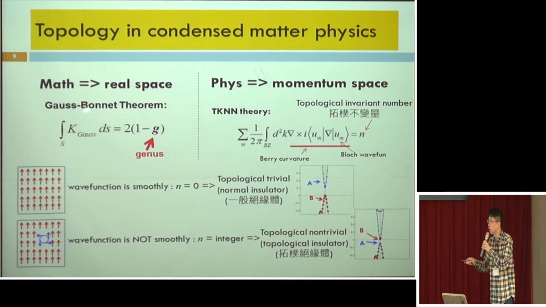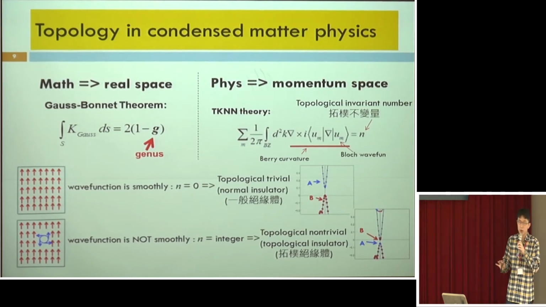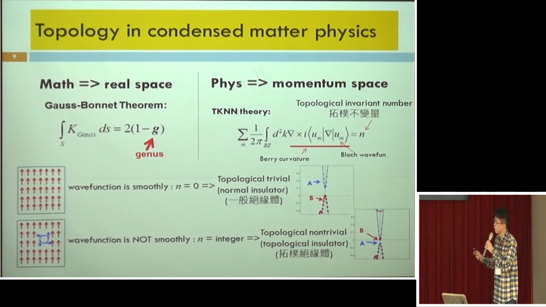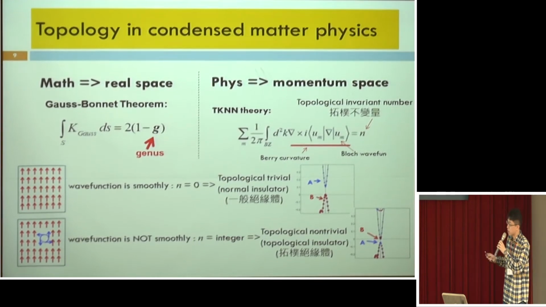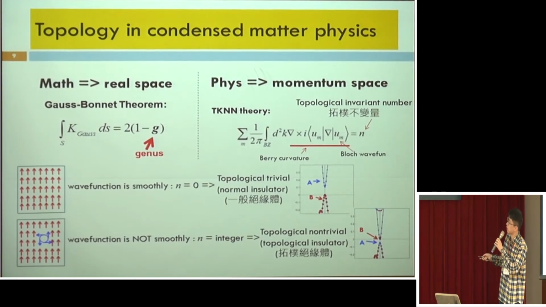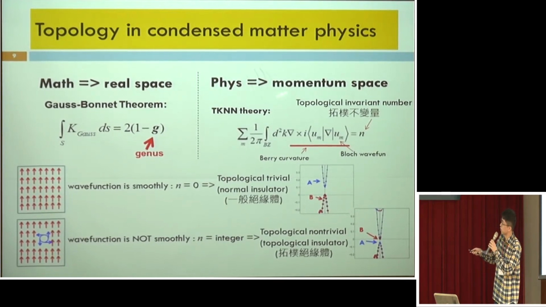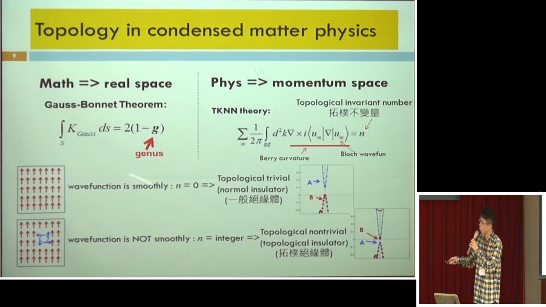Similar to the Gauss-Bonnet theorem, mathematically we can use a mathematical quantity to distinguish topological phases. The terminology is the topological invariant number, which is the integral of the Berry curvature. If the wave function is a smooth function, this integral equals 0.